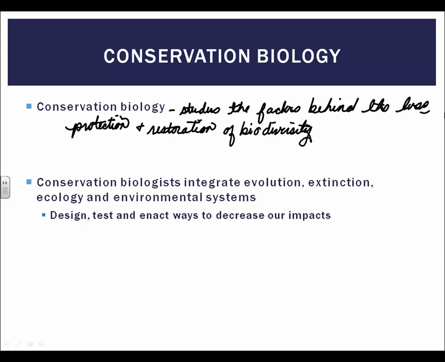So this is an applied and goal-oriented science. There are specific or implicit values and there are ethical standards that tie into conservation biology. If I'm a conservation biologist, I'm trying to figure out ways that I could prevent the loss of certain species, prevent their extinction, restore biodiversity, and protect them. So that's why, if I'm a conservation biologist, I integrate extinction, ecology, evolution, and environmental systems. I encompass a lot of different things.